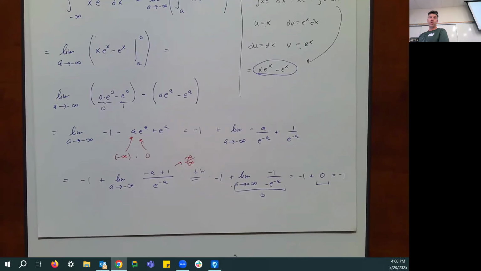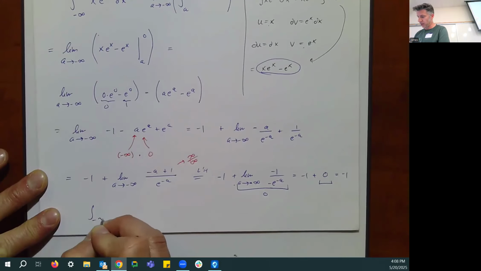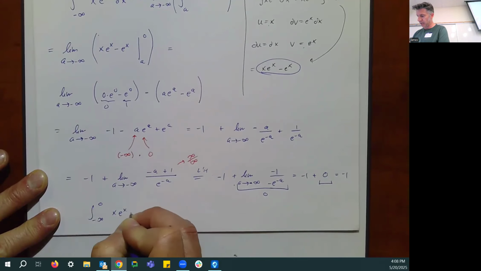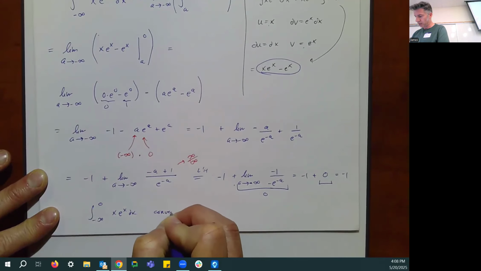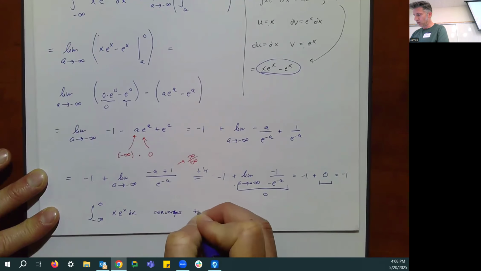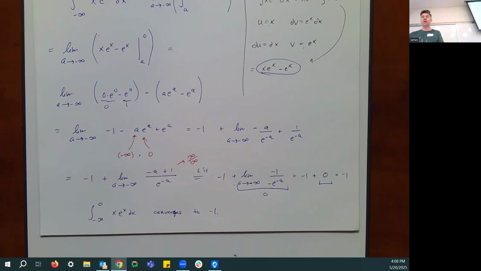So this integral converges, and it converges to -1. So the integral from negative infinity to 0 of x e to the x dx converges to -1. And it is reasonable that it's negative because if you graph this thing, x e to the x is negative underneath the x-axis on the left side.